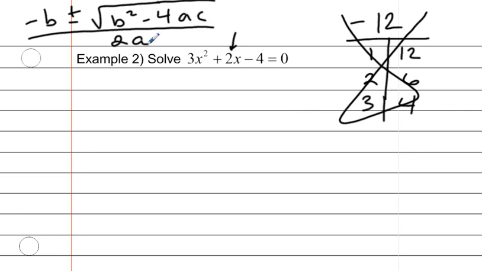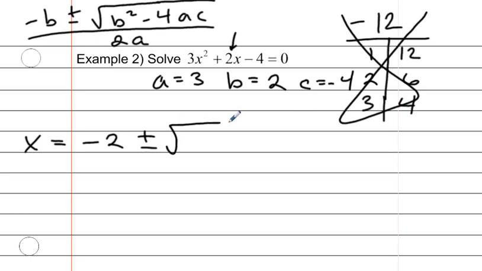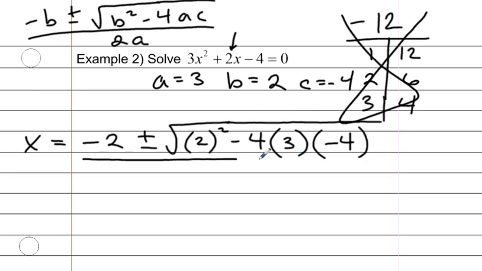Okay, so if we did this, a is 3, b is 2, c is negative 4. So our x value that we want to find is negative b, so negative 2, plus or minus the square root of b squared, 2 squared, minus 4 times a times c, all over 2a, which would be 2 times 3.